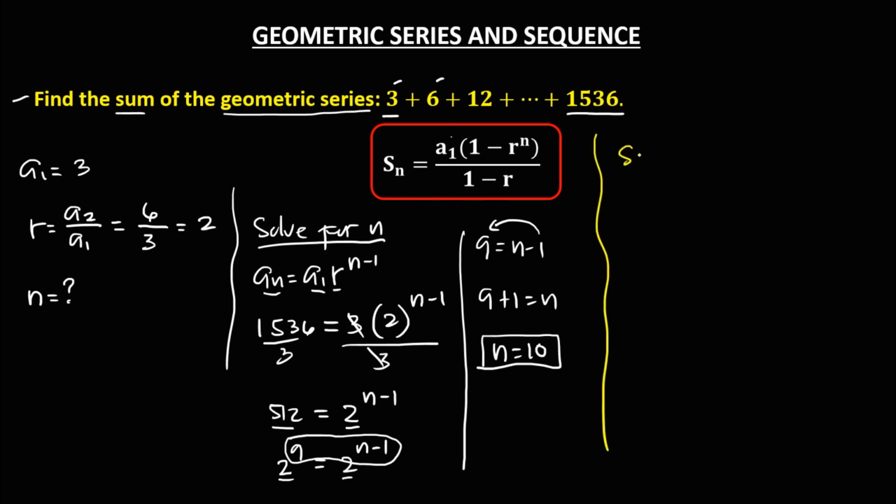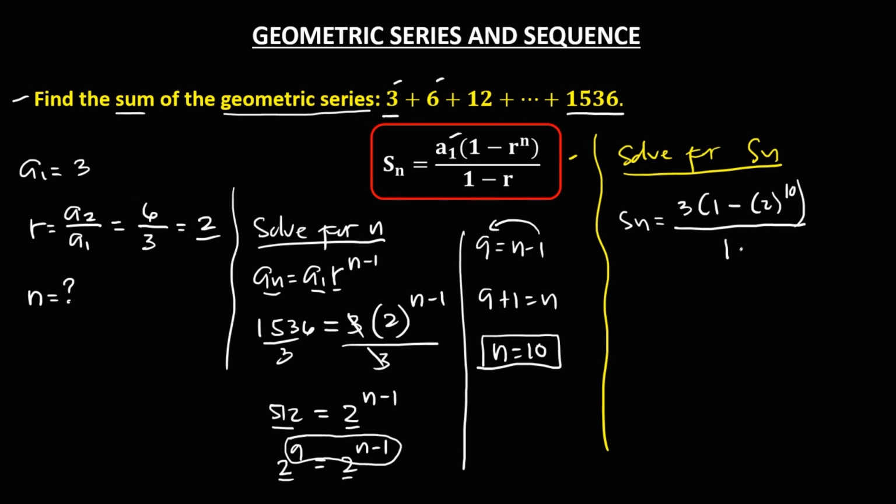Then to solve now for the sum, S sub n from this formula, we have S sub n equals a sub 1, that's 3, times 1 minus r, that's positive 2 to the power n, where n is 10, over 1 minus r.